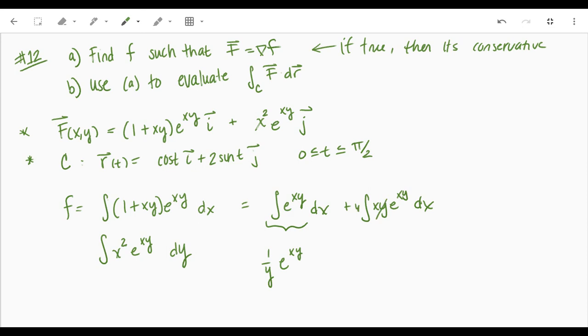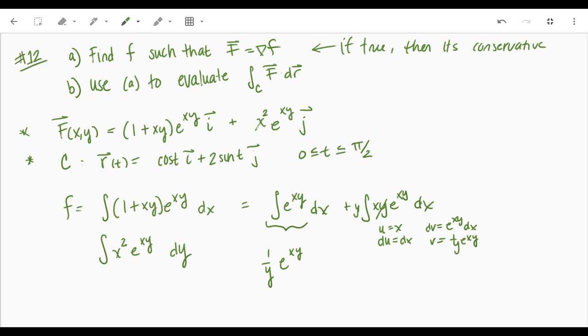What I have left, when I integrate it, u will be x, du will be dx, dv will be e to the xy dx, and v then is the integral of that, which I happen to have just done when I did the first integral. So 1 over y e to the xy.